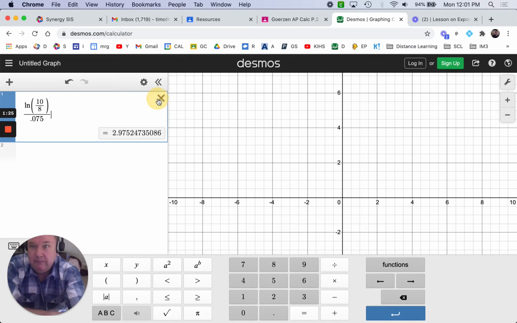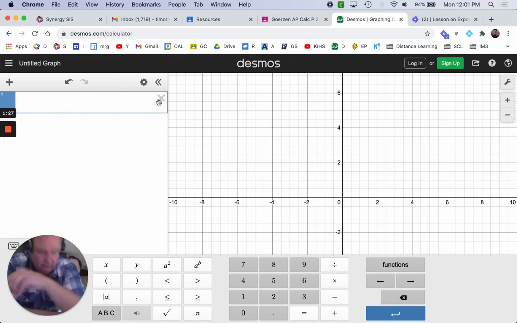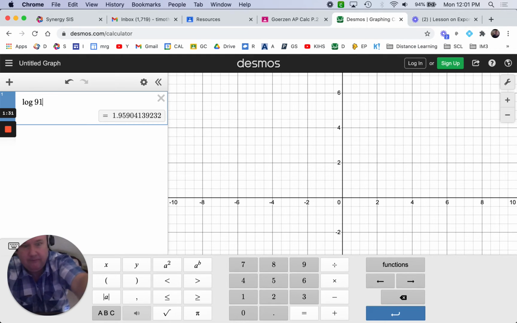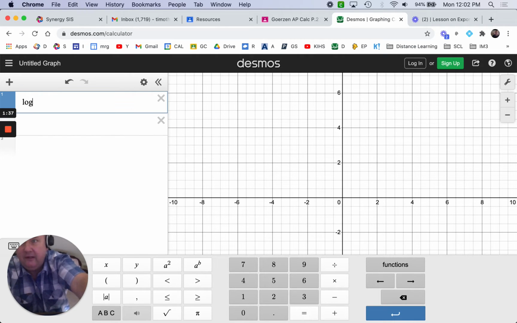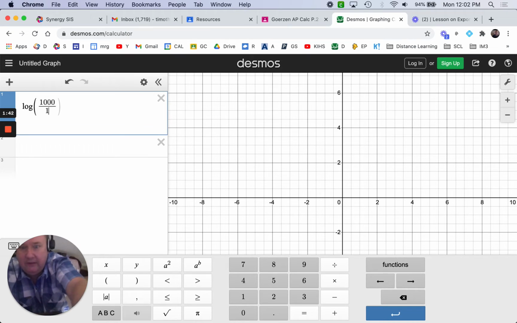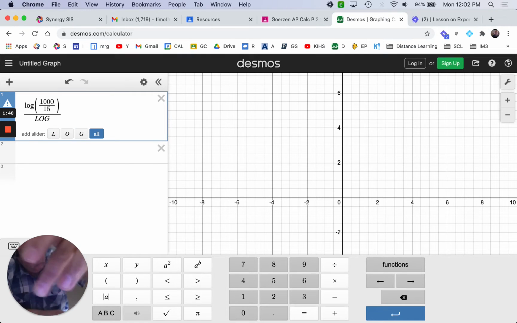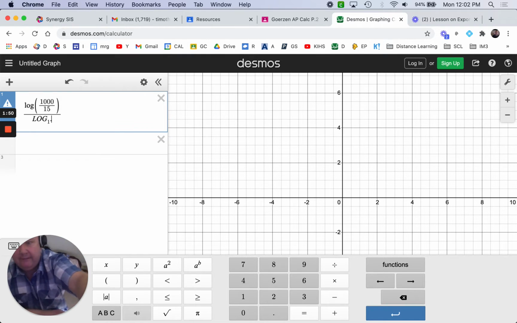And then we'll type it in. So to type this in, we're going to type in log, and it's 1,000 divided by 15. Oops, I meant to get a parentheses in there. Let's try it again. Log, parentheses, 1,000 divided by 15. Move the cursor, and then that is divided by log 1.18.